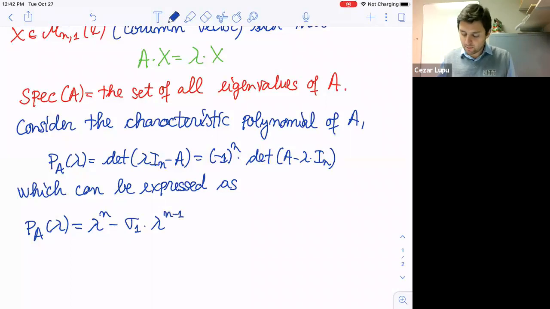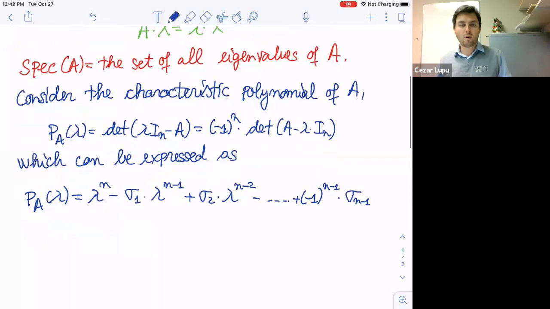And you'll see that the sign will alternate here. Plus sigma 2 times lambda to the power n minus 2, and we keep going, plus -1 to the power n minus 1 sigma n minus 1, plus -1 to the power n times sigma n.